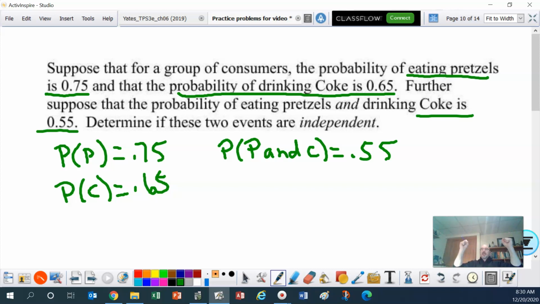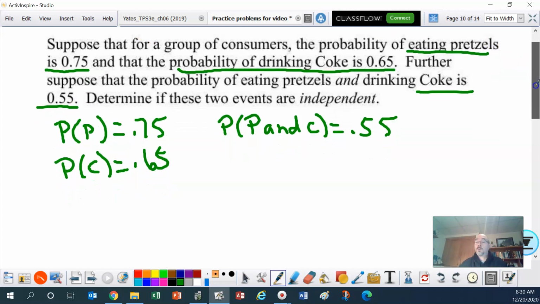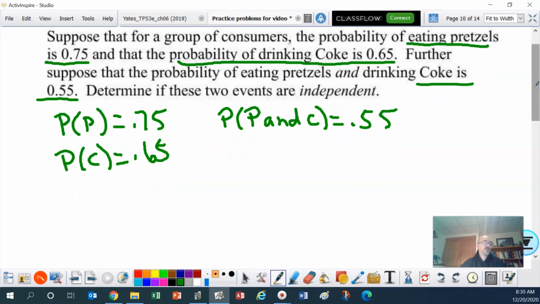Oh, yes, finally one of these. All right. They really like this type of question on the test. Okay, so this is the information that it gives me. So what I'm going to do next, ladies and gentlemen, is take the probability of pretzels times the probability of Coke, and see what I get.